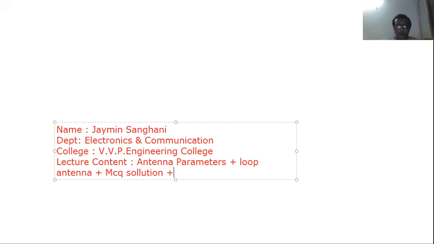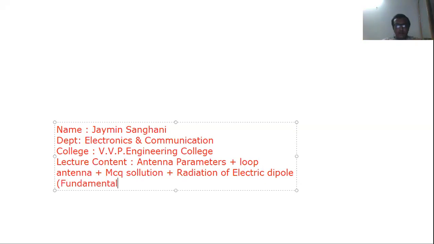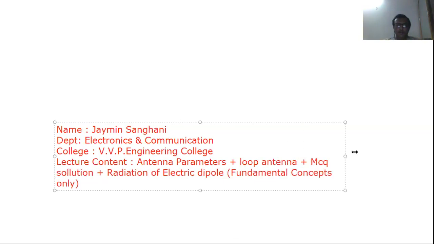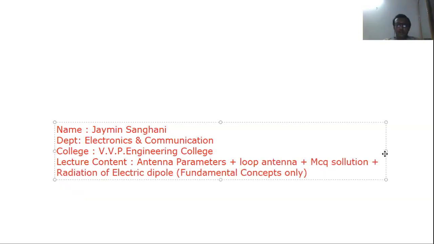And another important point that can be discussed here is known as radiation, electric dipole, in brackets, fundamental concepts only. So we have discussed this particular point in this lecture.